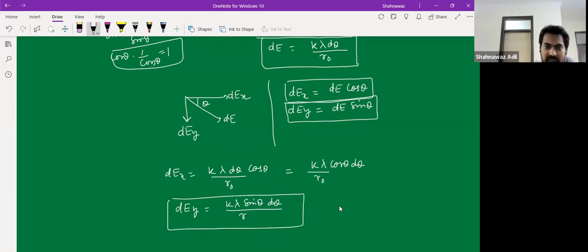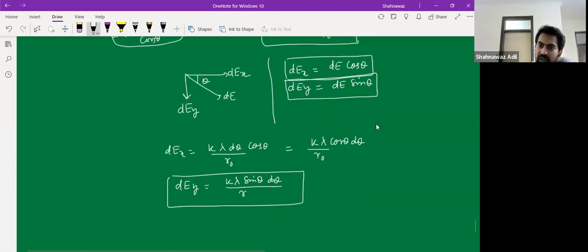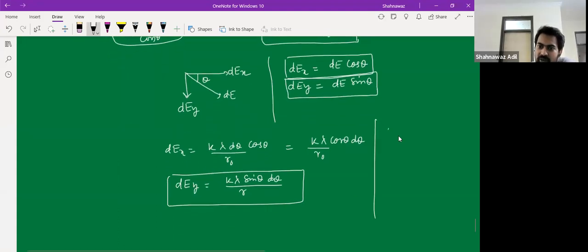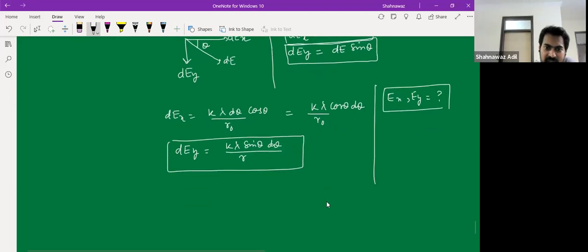Now to calculate Ex and Ey, what should we do, guys? So to calculate Ex, what should we do? Integrate, right? Take the integration. So let us integrate.